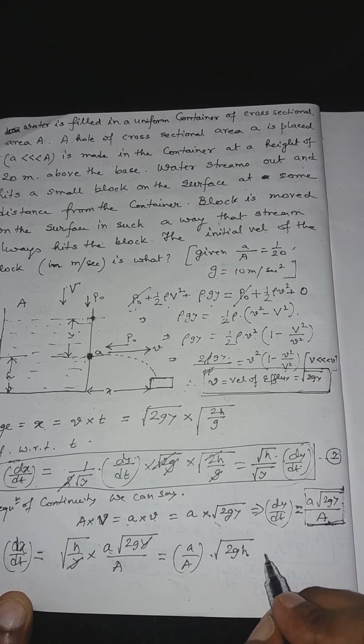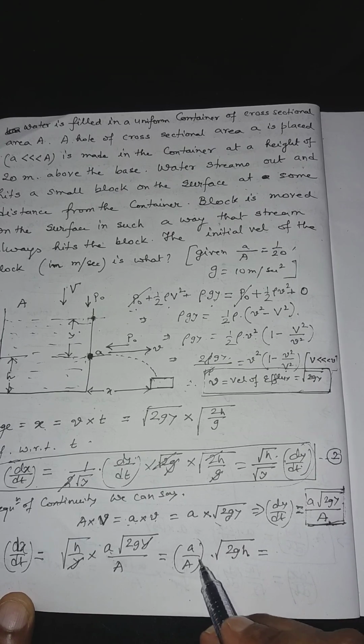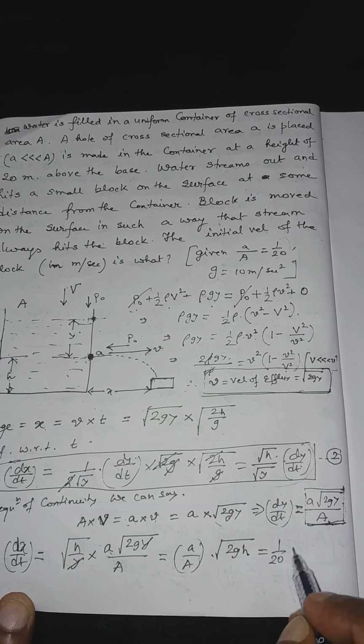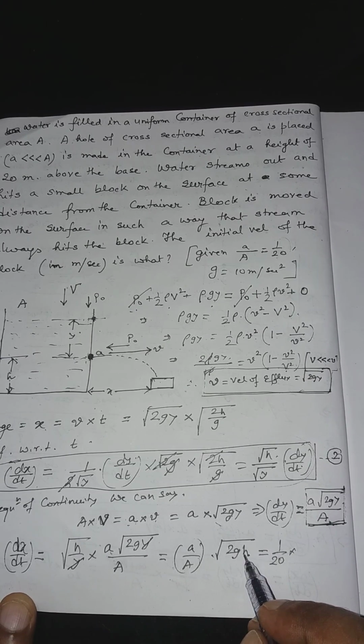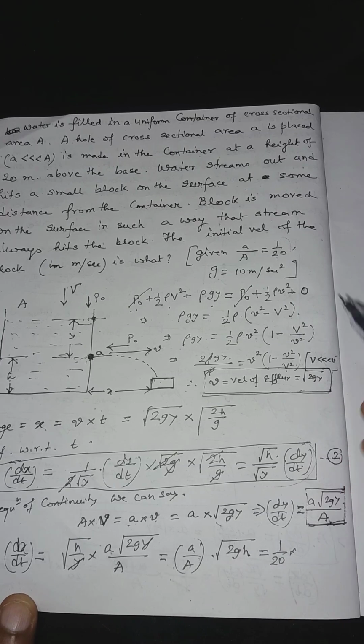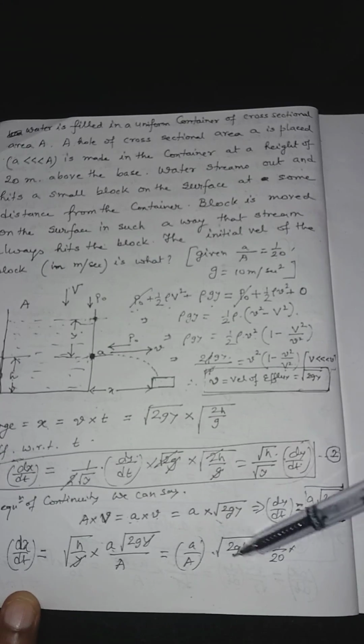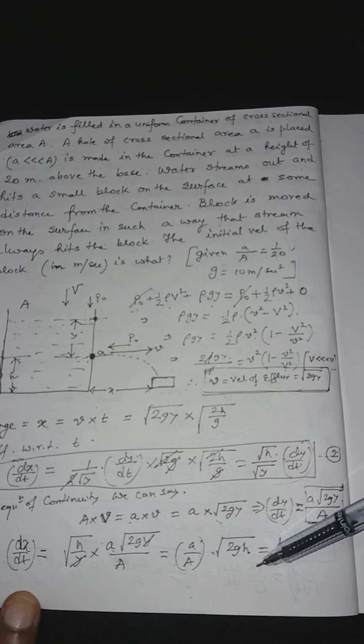Now the value of small a by capital A, which is already mentioned here, is 1 by 20, and root over 2gh, which is also given in the problem, is our h. Ultimately it comes down to root over 2gh.